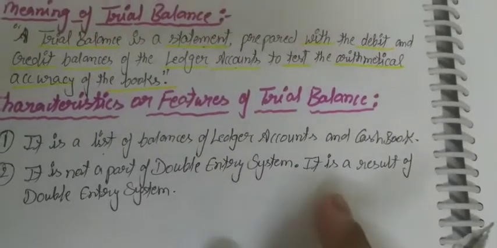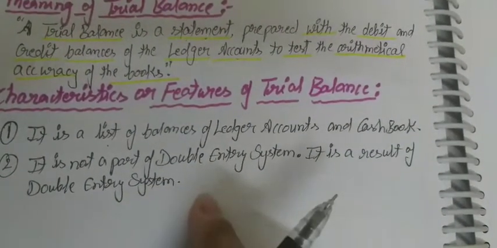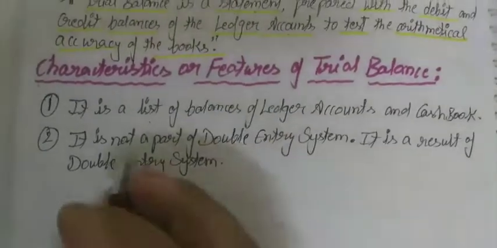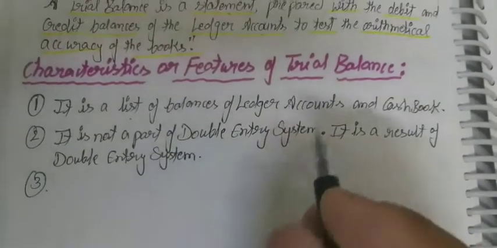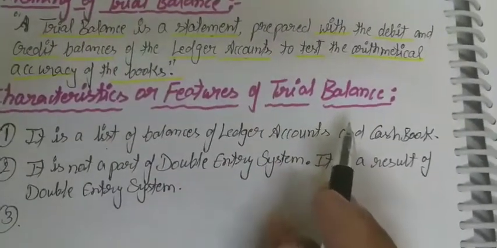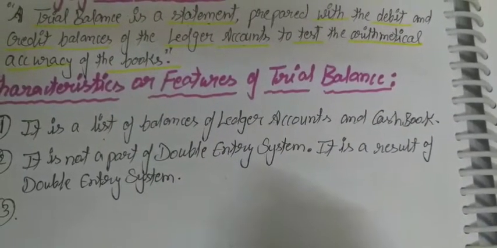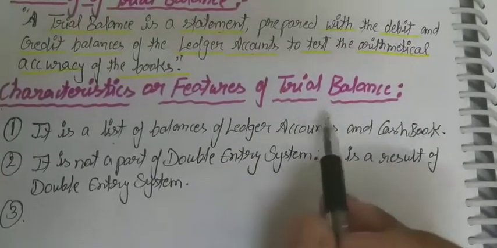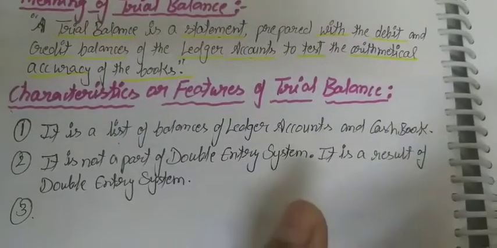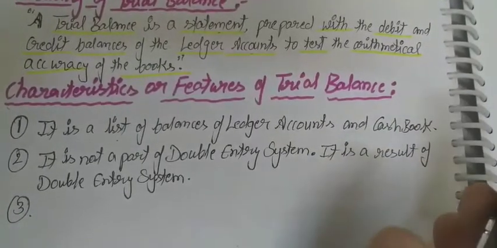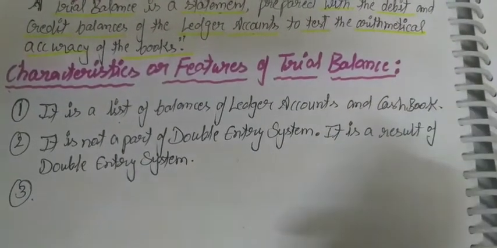So it is not a part of the double entry system, it is a result of it. Next, the third characteristic: the trial balance can be prepared on any date of the financial year, but mostly it is prepared on the last date of the financial year.